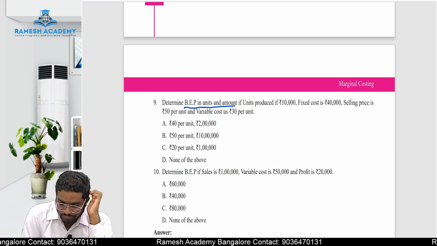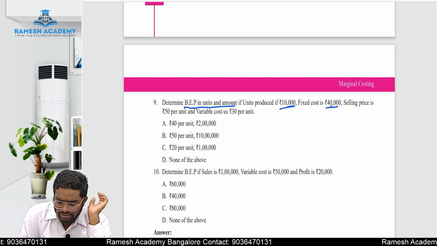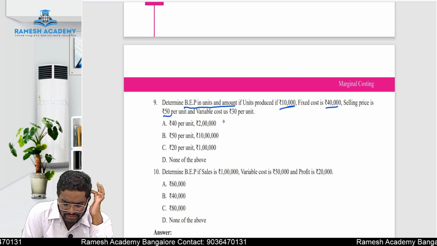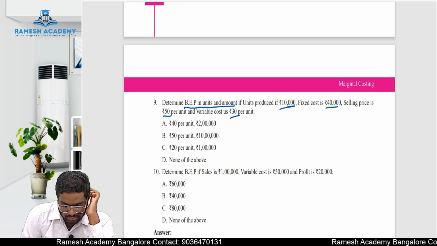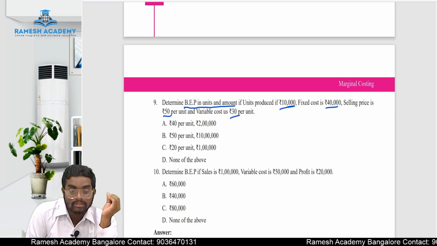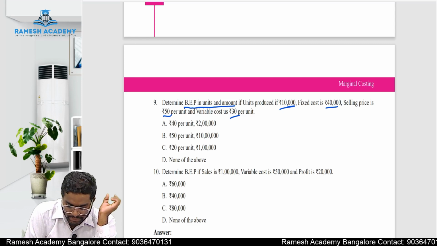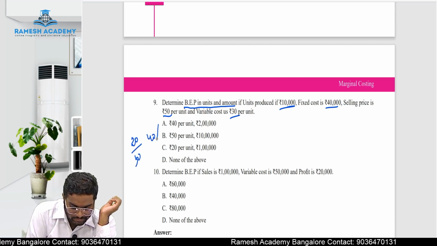So now the units produced is 10,000, fixed cost is 40,000, selling price is 50, variable cost is 30. So my contribution or the PV ratio is 20 per unit or 20 by 50, which is 40%. So it is 40% or contribution per unit is 20.